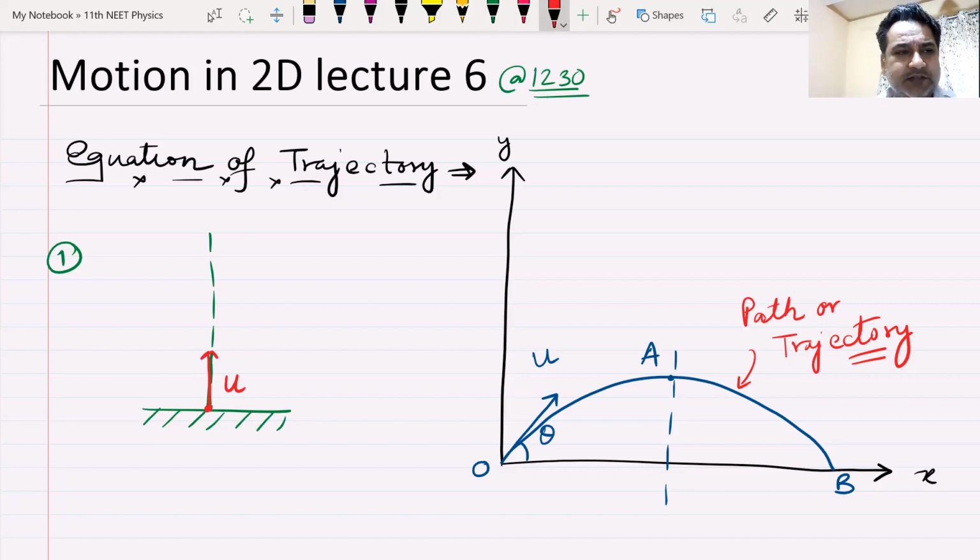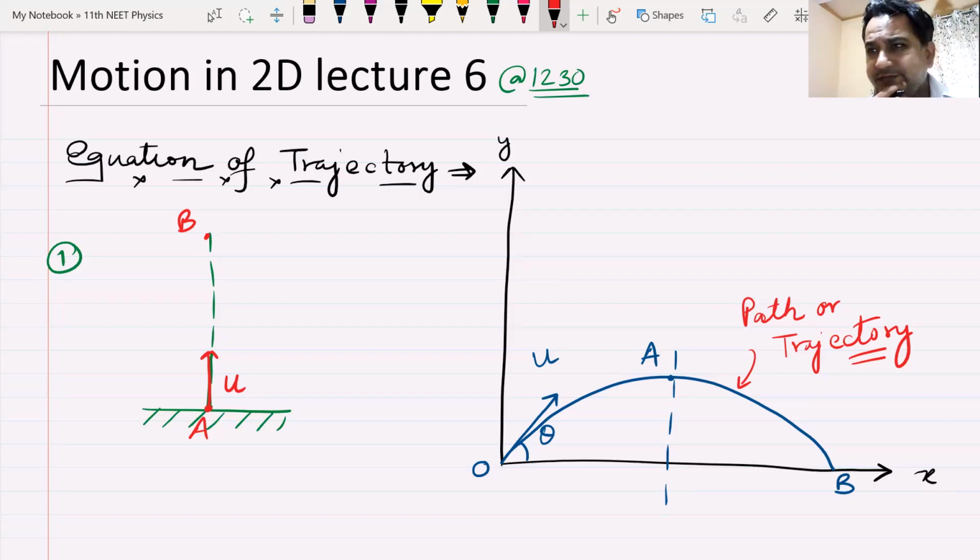What type of path does this body follow? Anyone? I throw it from point A, it goes to point B. What type of path does this body follow? Anyone can tell me the answer.